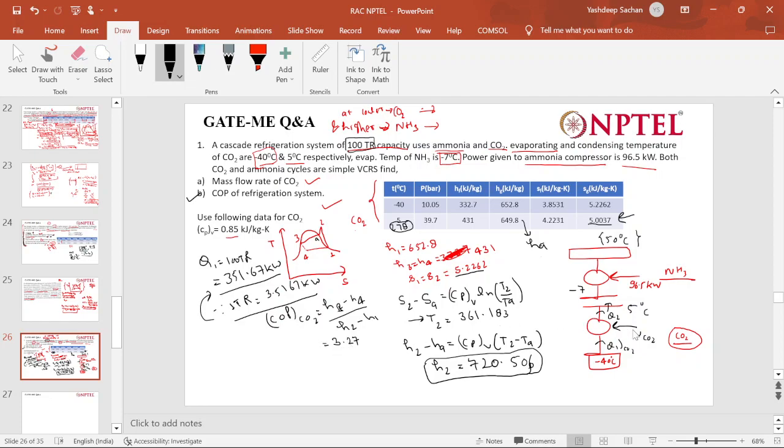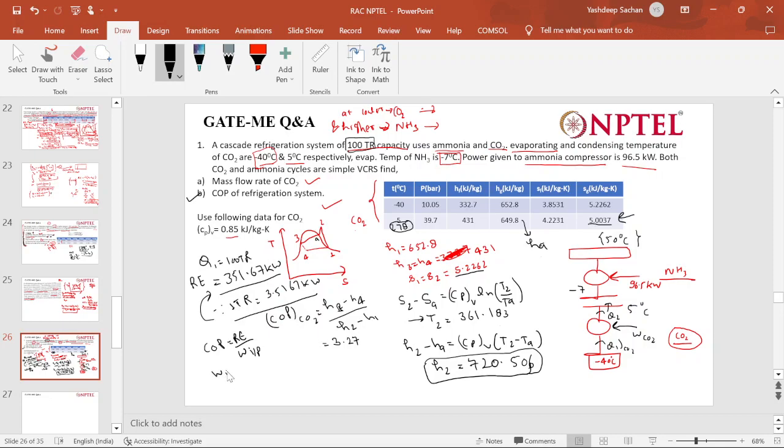So you know the COP for this system. Then you know the refrigeration effect. Refrigeration effect is how much? This one, right? For the CO2. So you can get the work. What is the COP formula in general? Refrigeration effect by work input, right?